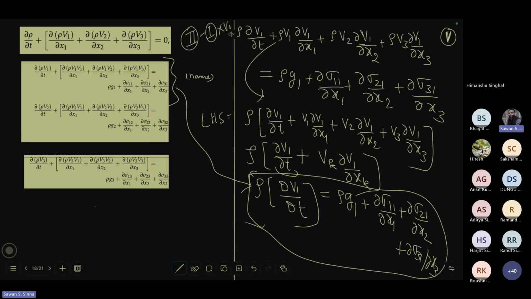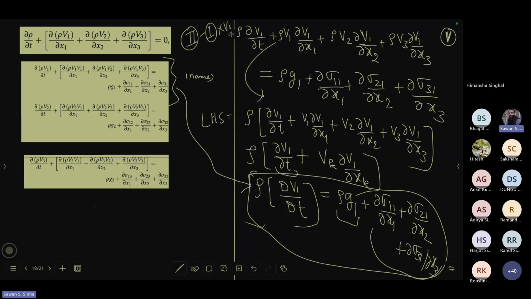Acceleration, one component of the acceleration of a fluid particle which is currently at the centroid of the control volume. And we are getting an expression for that acceleration. And that acceleration must be the net force acting on the fluid particle. Indeed, the net force is there on the right hand side.